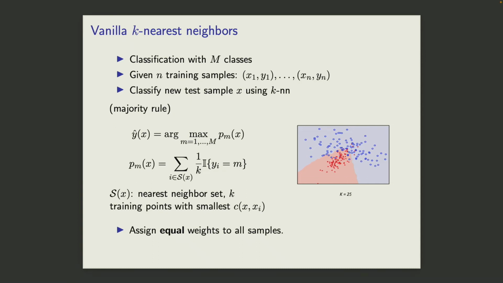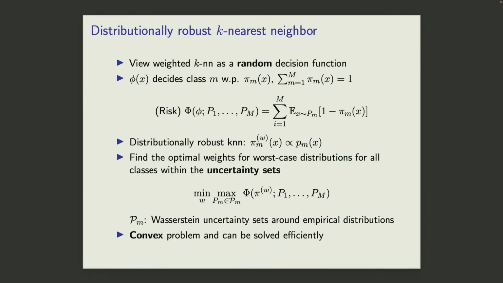In particular, we consider k-nearest neighbor. And second, the loss is different because we have more than two hypotheses. For k-nearest neighbor, it turns out that if we modify the vanilla k-nearest neighbor to allow weights on the samples, and we allow the weights to be different across different categories, then we can cast the problem as a distributionally robust problem. Okay, so this is the formulation.